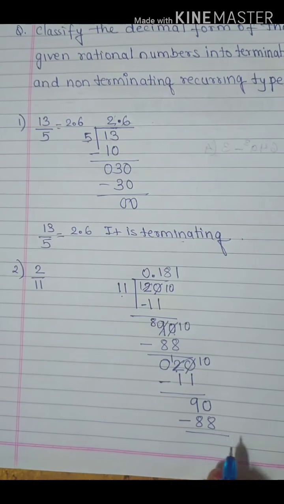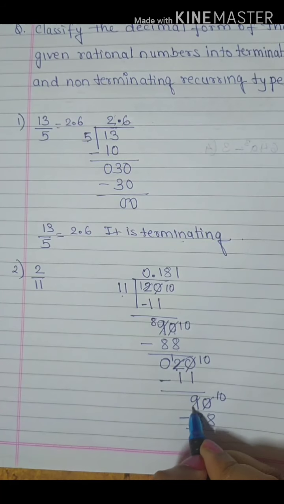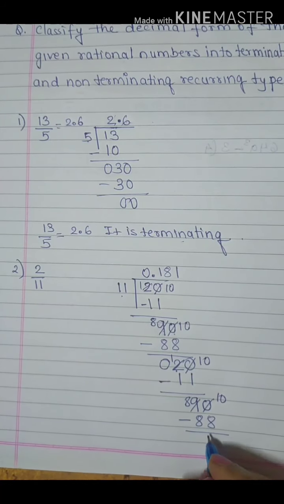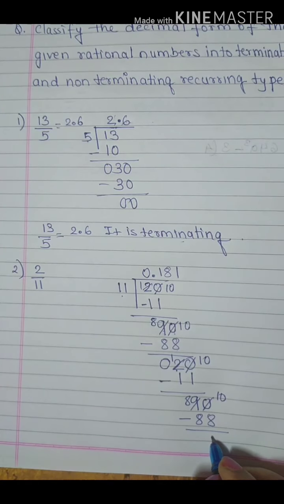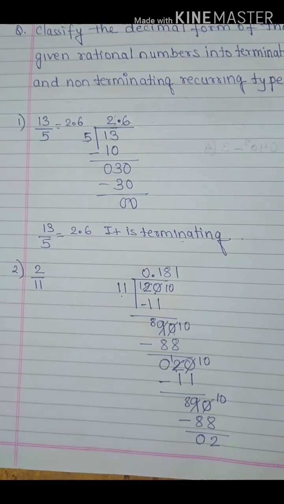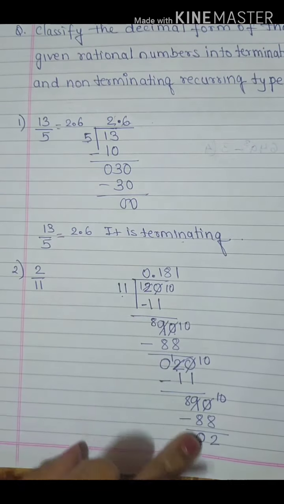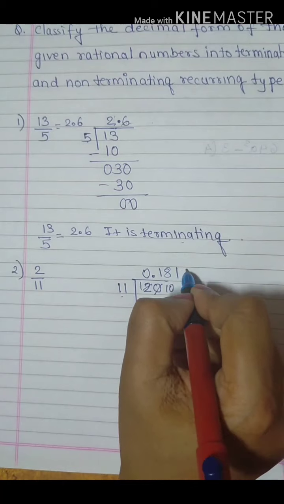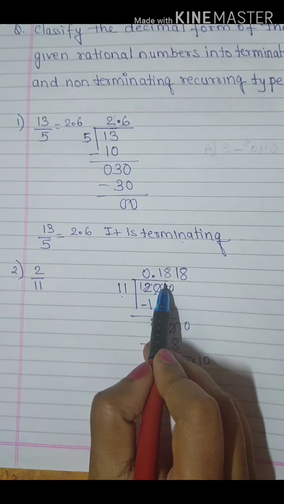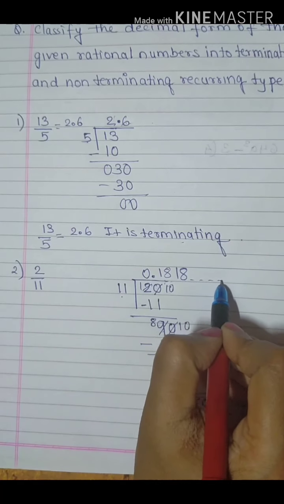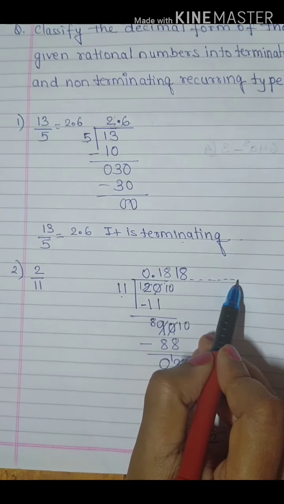Okay, so 10 8. Again we will get here 2, here 0. So as you can see, these numbers are coming again and again. Okay, it's going to repeat. The repetition will continue.